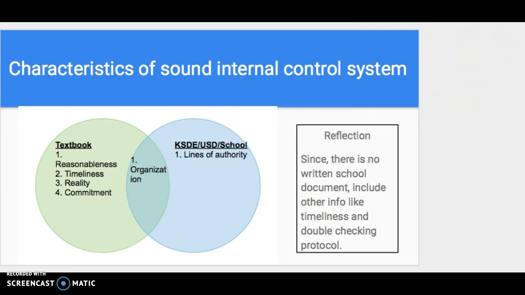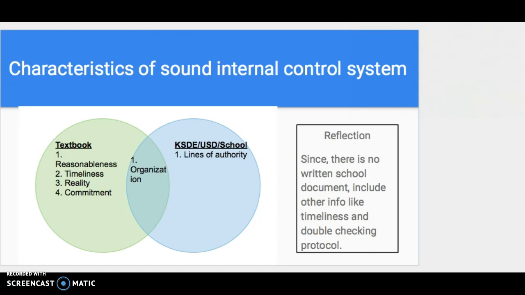The state has lines of authority, starting with the school board, then the superintendent, then the district treasurer, on down to the principal. The principal sometimes has to delegate some things to other principals or other people in the office, and then finally to the representative of that specific activity. Both of them, obviously, found organization very important, in that there should be procedures, there should be timeliness, and it should be done well and thoroughly.